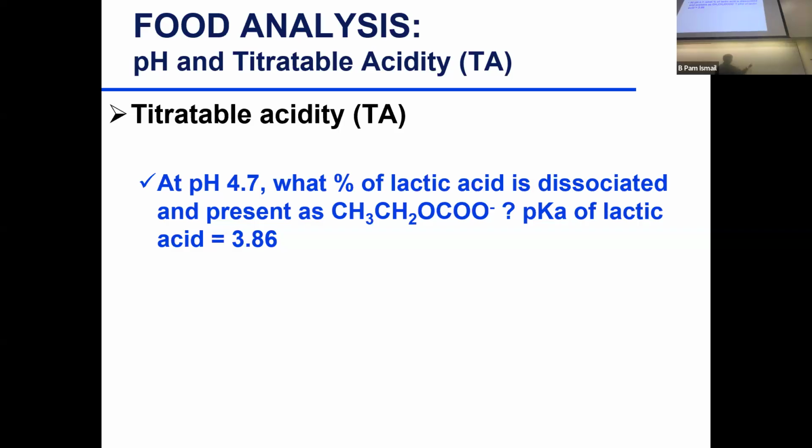If I want to solve for A minus, the percentage of A minus, I would want to replace HA. If I want to replace HA, what do I put instead of HA? Yes. So HA equals 1 minus A minus.